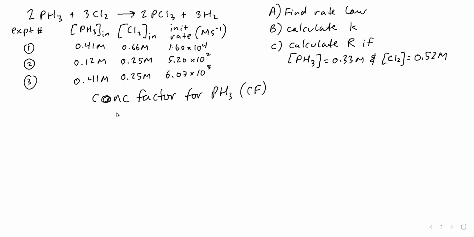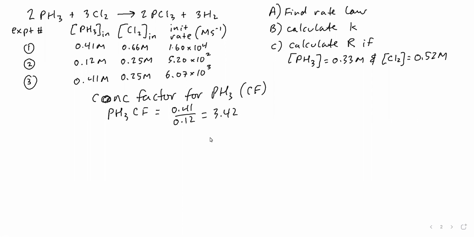The PH3 CF is simply going to be the higher concentration for those two rows, 0.41, over the lower concentration for those two rows, 0.12. When you do that math, you end up with a concentration factor for PH3 of 3.42. In other words, it means that when we went from row 2 to row 3, the concentration of PH3 increased by a factor of 3.42.